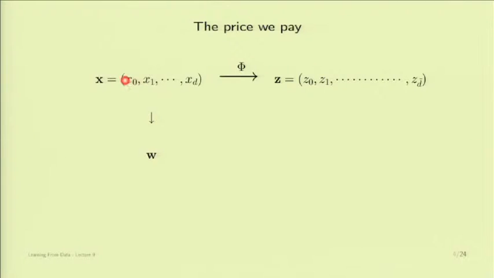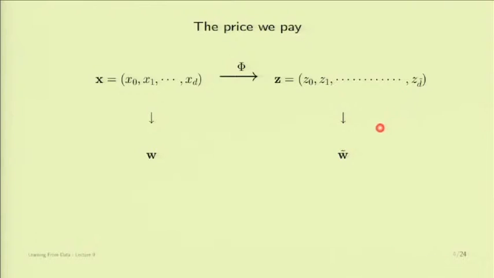There is a weight corresponding to each of these coordinates, and then you take the dot product, and whether you threshold or report it depends on which type of linear model you are talking about. But basically, you have d plus 1 free parameters, and we realize that d plus 1 free parameters corresponds directly to a VC dimension.